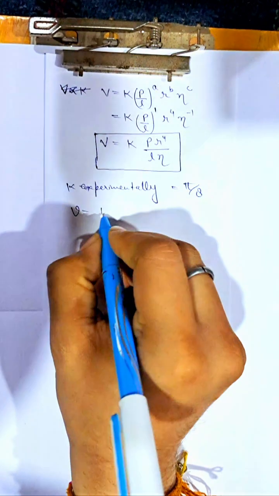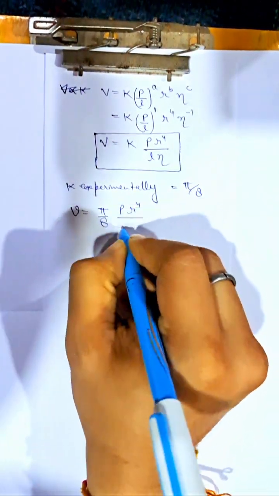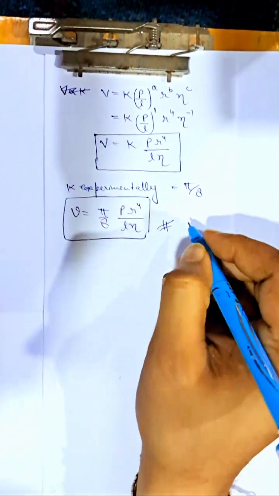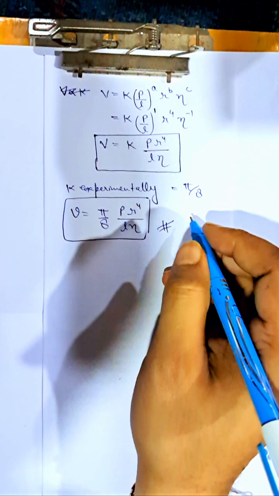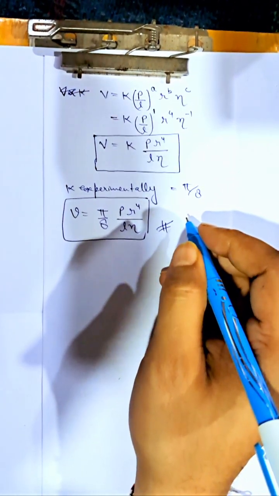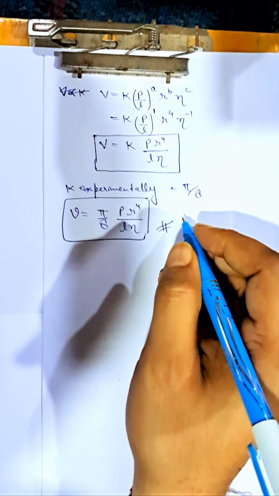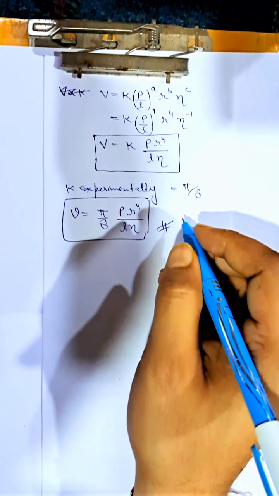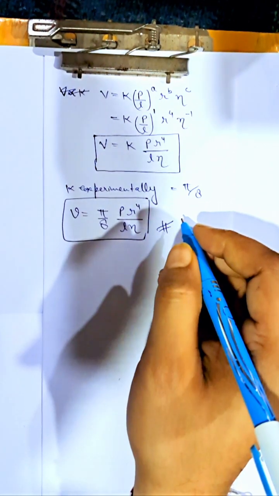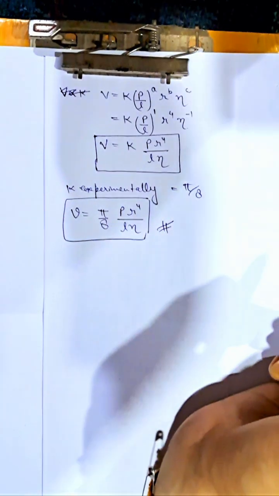So velocity is equal to pi by 8 times that. Understood about this?